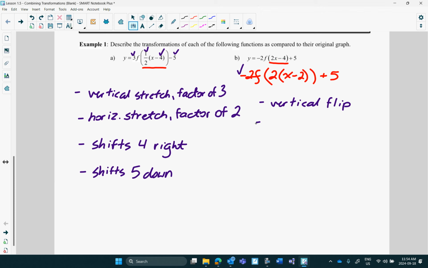Vertical stretch, factor of 2. Which is this horizontal stretch, factor of 1/2.